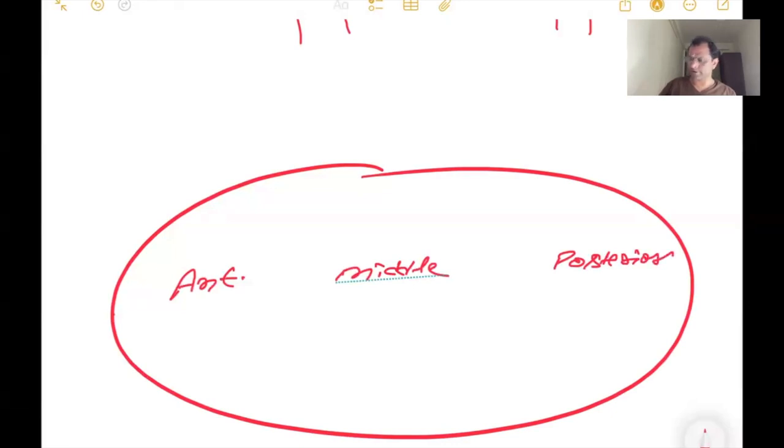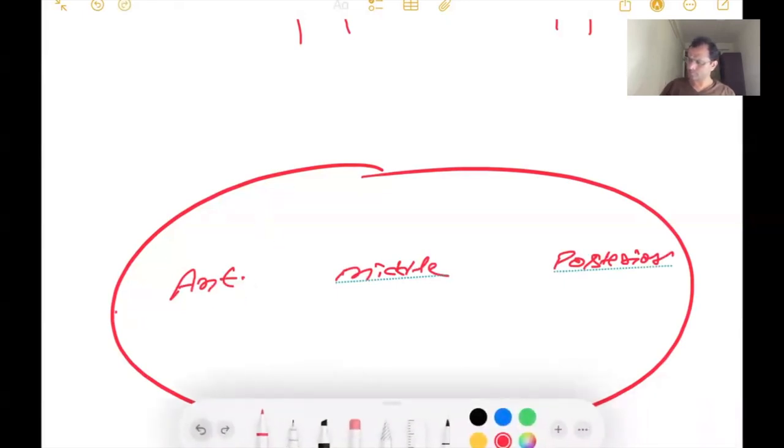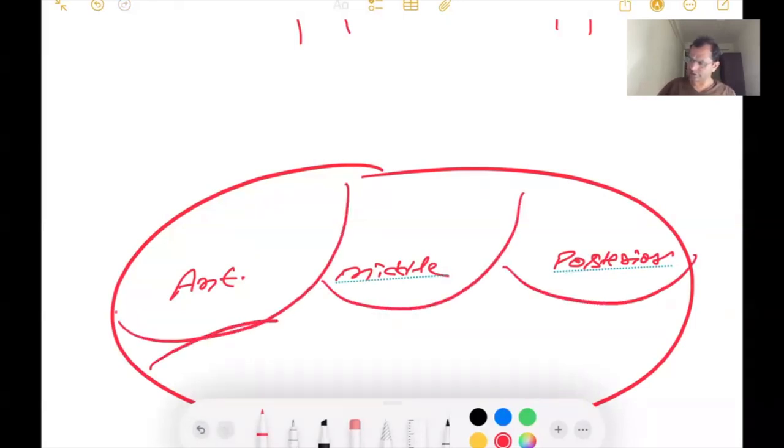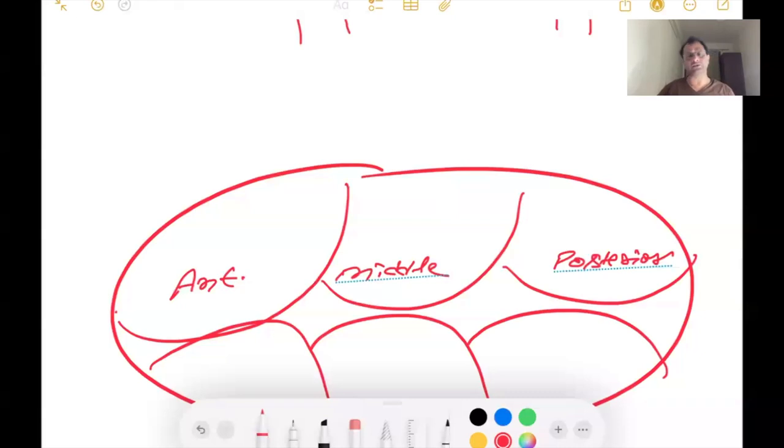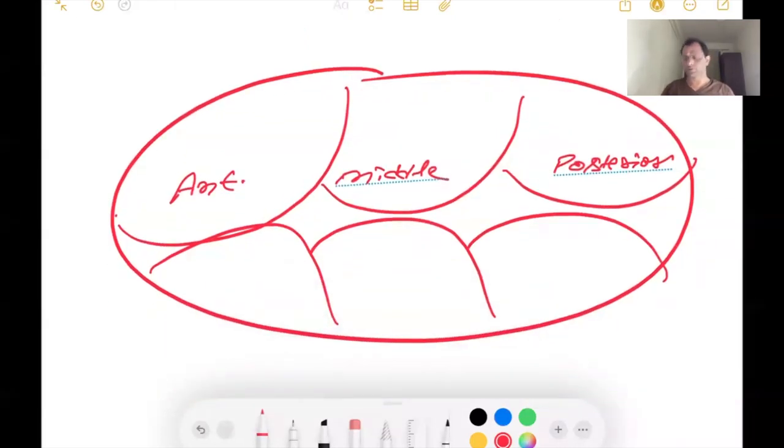We can divide it into 2 parts: one on the right side, one on the left side. The brain is exactly the same. So this is the anterior part, this is the middle part, and this is the posterior part of the brain.